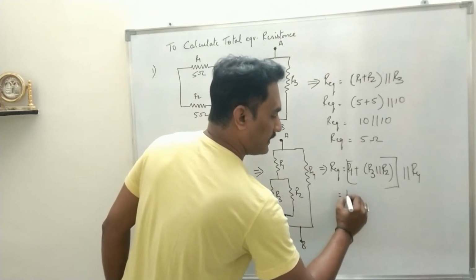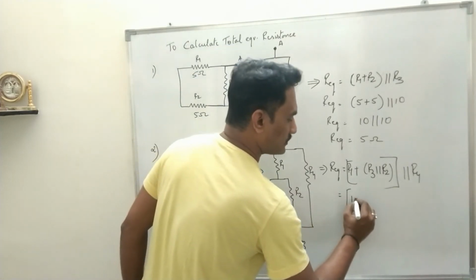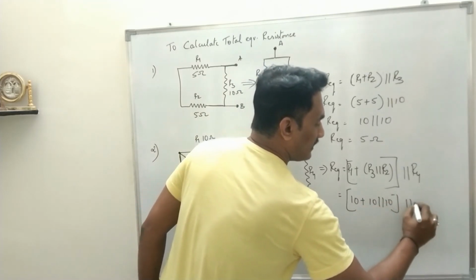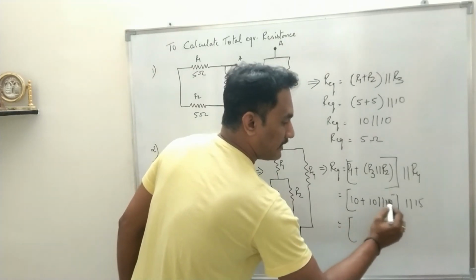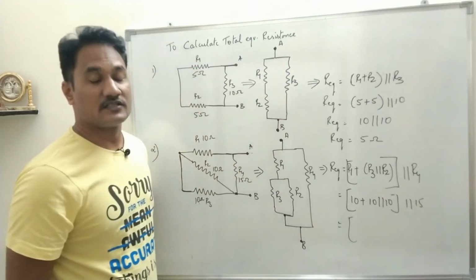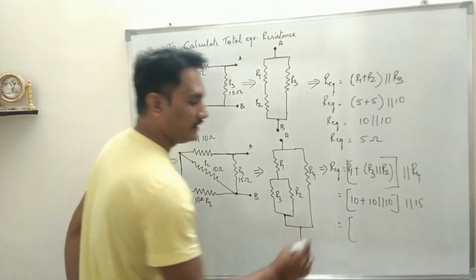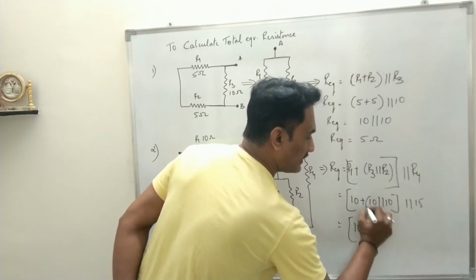So what will be the value? What is R1? Again, all these resistances are 10 ohms. 10 plus 10 parallel 10 parallel 15. So now what is 10 parallel 10? Two resistances of the same value connected in parallel will give you half the value. So it will be 10 plus this parallel combination will generate 5.